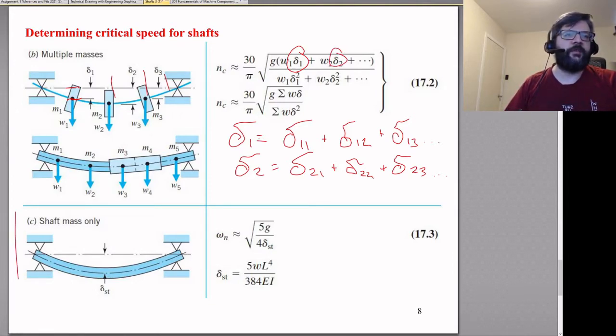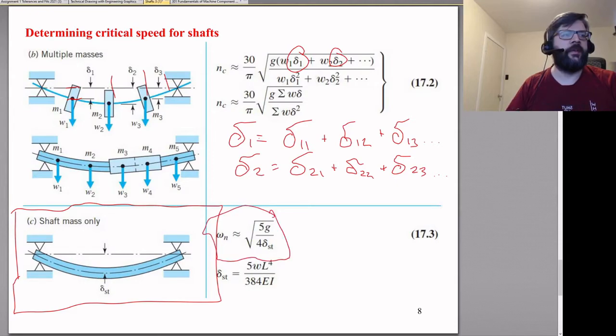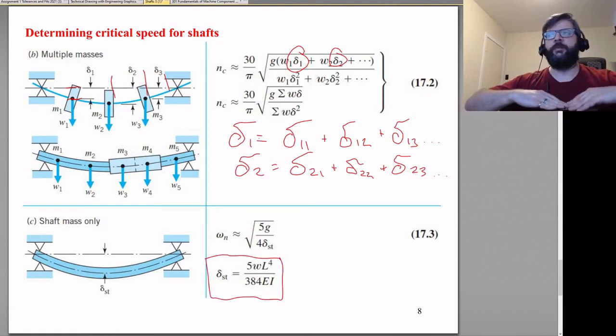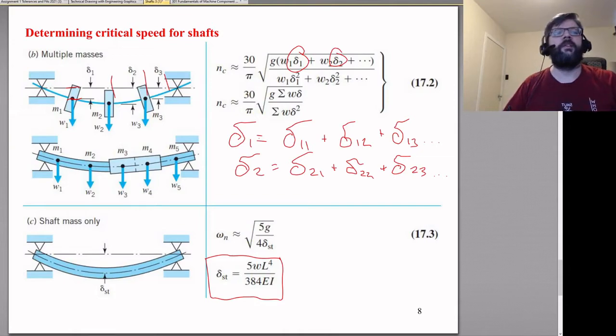For the shaft mass only, this is the formula that we'd use, where the delta ST here would just be the amount that we would expect this shaft to be sagging just based upon its own weight. So the amount of deflection it's going to be displacing downwards if it was just sitting there still under a distributed load that was equal to the gravitational pull.